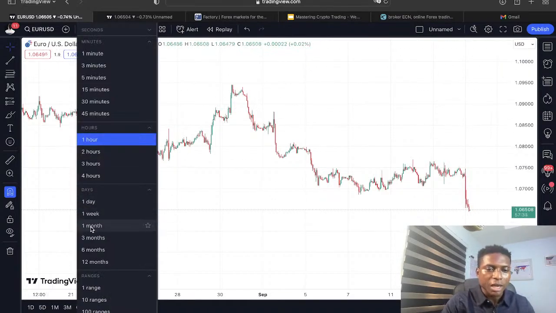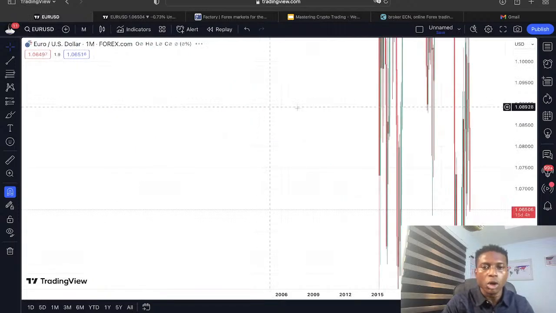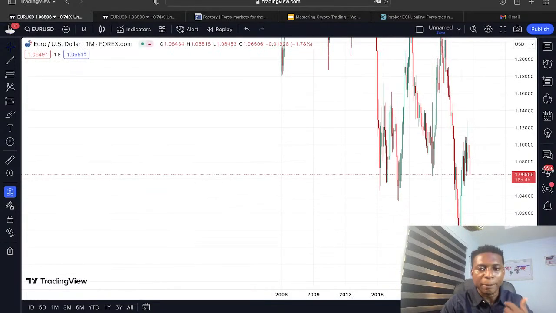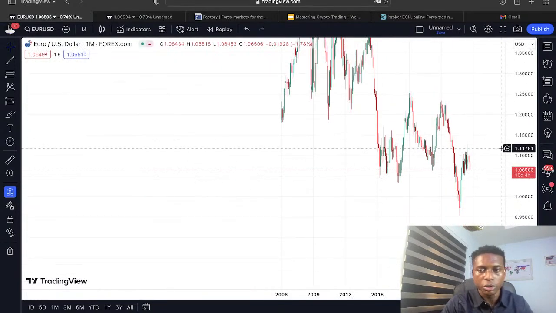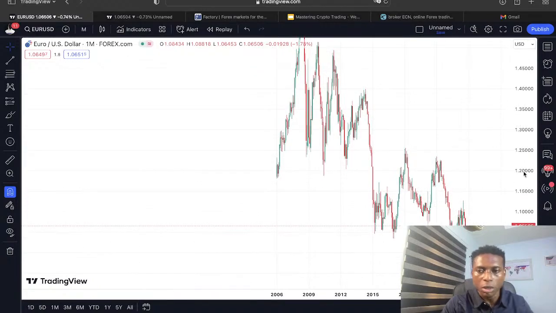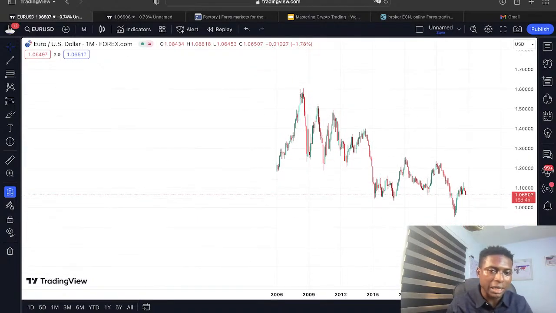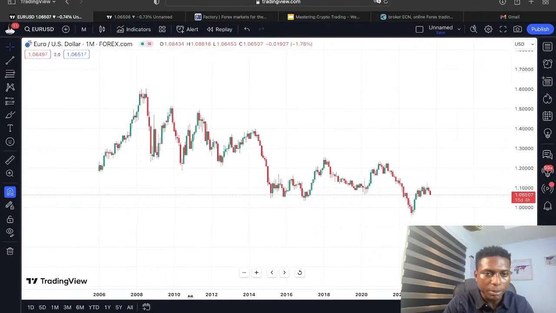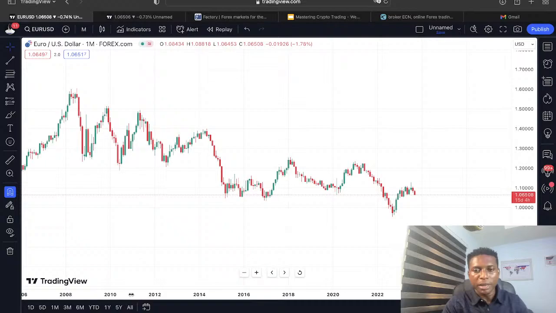Interestingly, I would always want to follow a market structure approach, knowing fully well that we want to understand what the current market structure is. Where is the market currently?